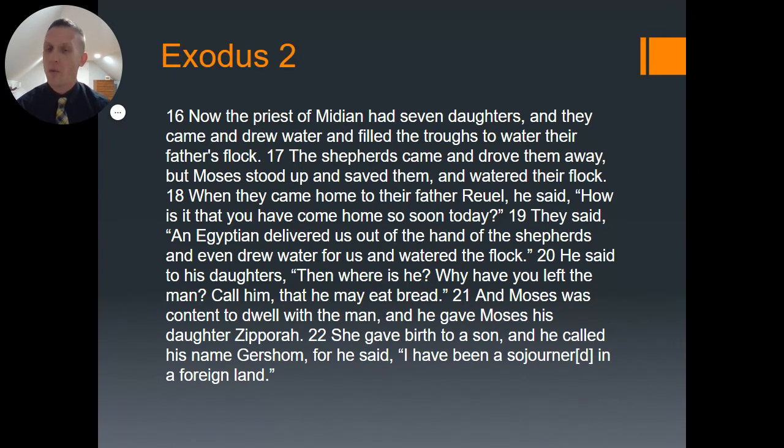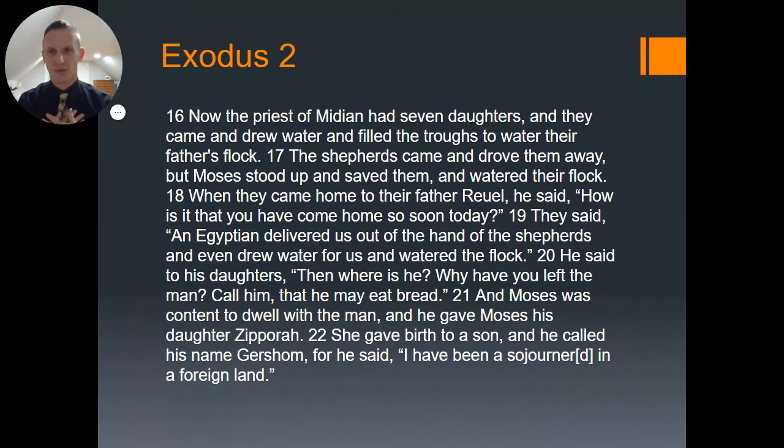Now, other shepherds came and drove them away. So it's a group of shepherd girls, and maybe the little shepherd boys, being mistreated. They're being bullied by other groups of shepherds. If your elementary, middle school experience was anything like mine, this seems really familiar.